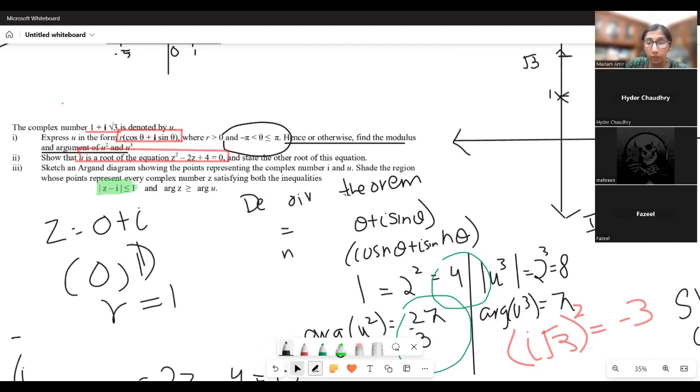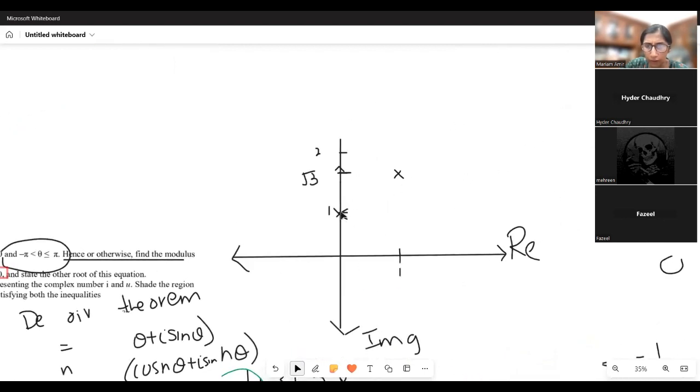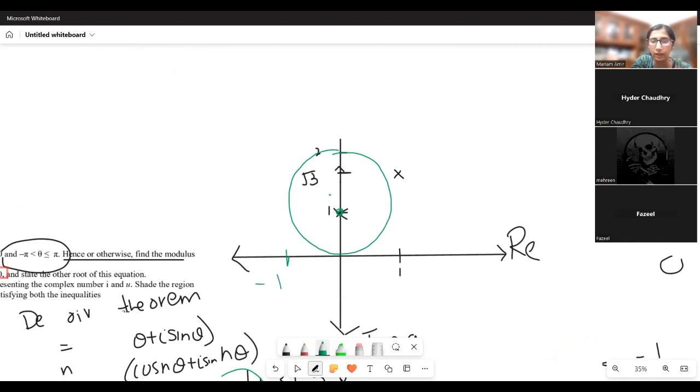Center is 0, 1, radius is 1. So we already have 0, 1 here. That's the center. Now plot a circle around it whose radius is 1. So it's going to look like this. That's 1, and we'll have minus 1 here. And yes, that is what it looks like.